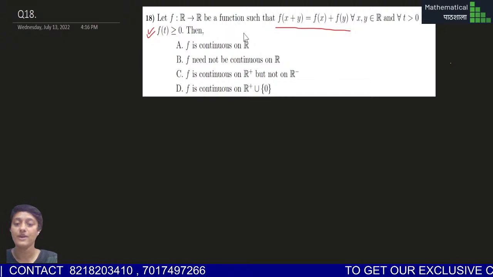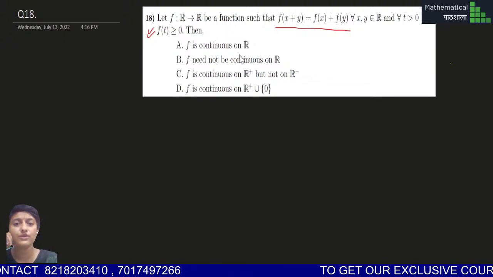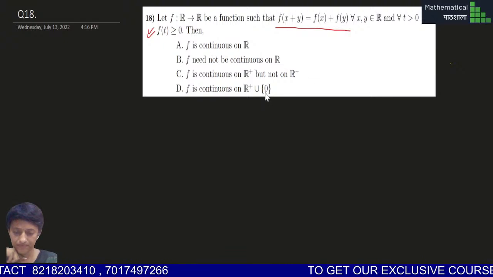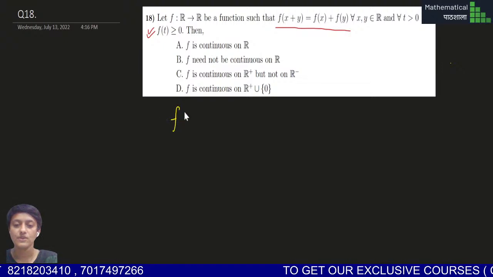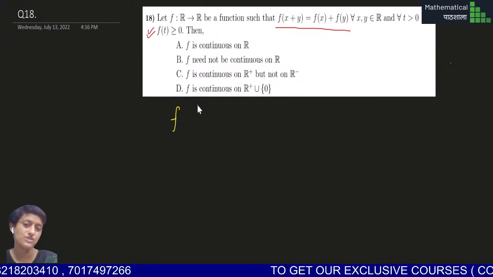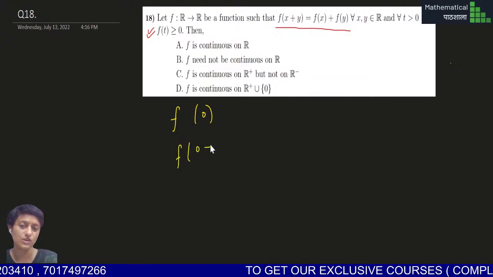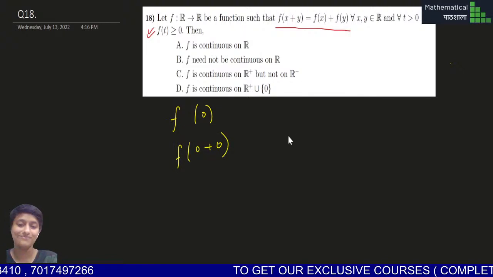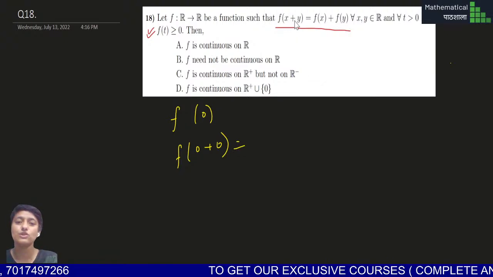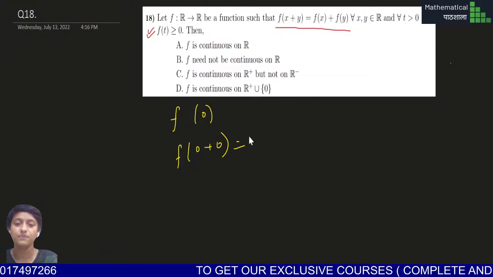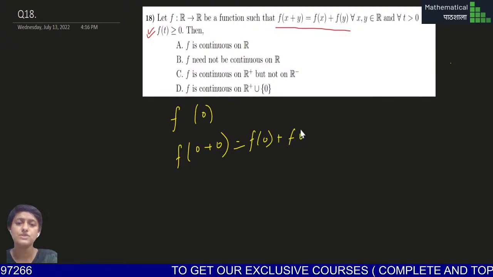Okay, let us see what happens. Let us check the continuity at 0 first. A and D, right? So see, consider f of 0. F of 0 is f of 0 plus 0. From the given equation, f of 0 plus 0 is f of 0 plus f of 0.